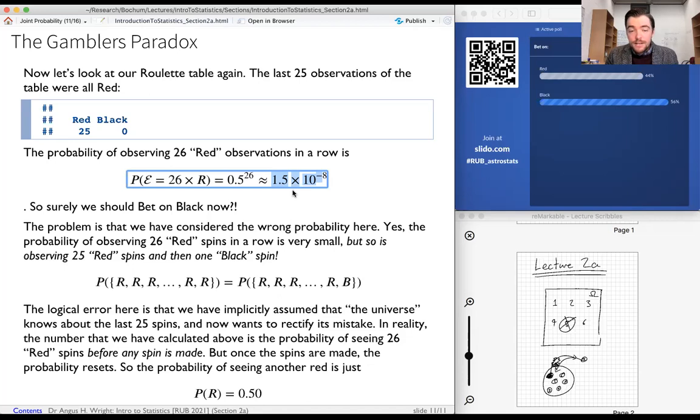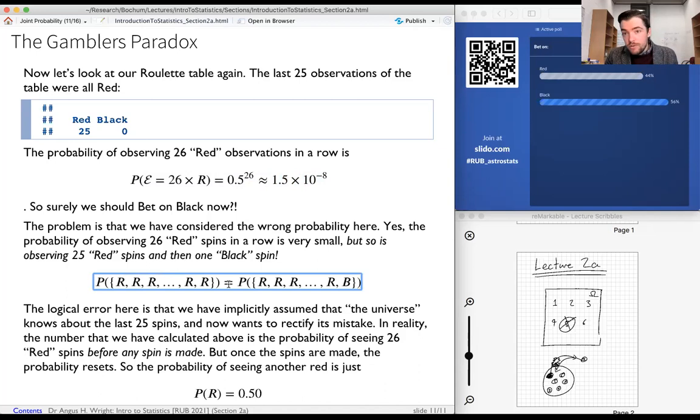Okay? But that's not the situation we find ourselves in. We have observed 25 red. And what we've implicitly done by doing this computation at the top here is we've assumed that the universe knows and cares that we saw 25 red. When in reality, the universe, because these are independent observations, does not care about whatever came beforehand.